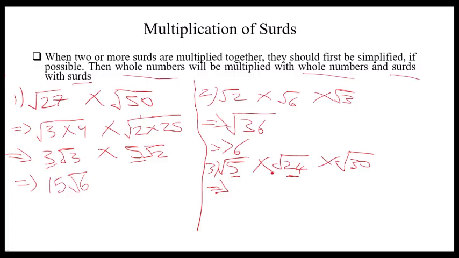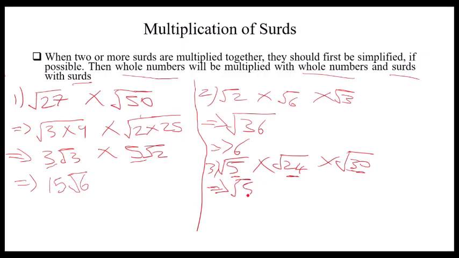Do you think it can be factorized? 24 divided by 4 is what? 6. Yes, you can factorize. So 4 times 6 is 24. What about 30? Can it be factorized further? Let's think. 30 divided by 10 will give us 3. I don't think it can be factorized because 10 doesn't have a square root.